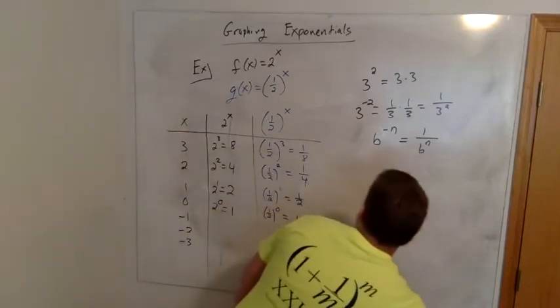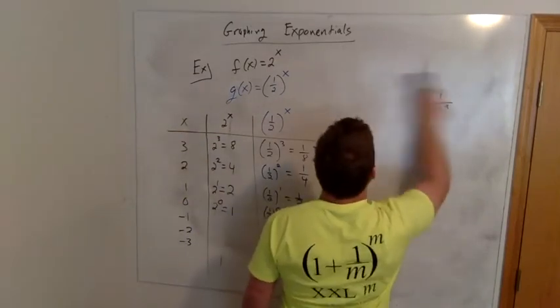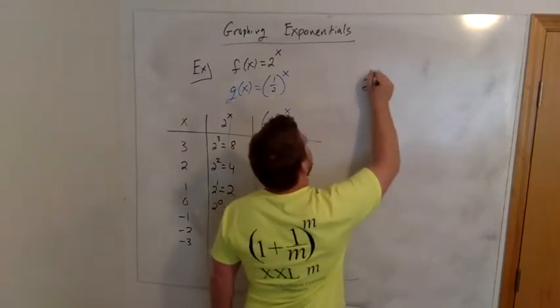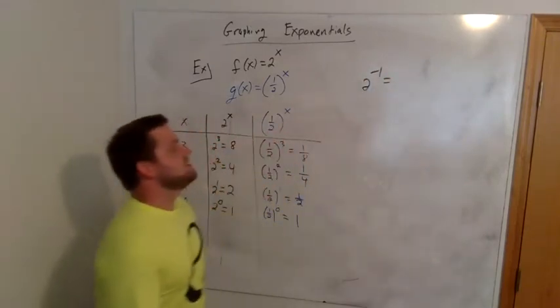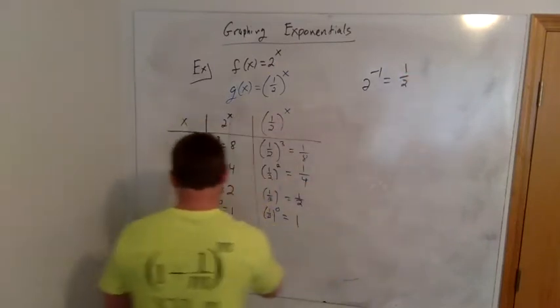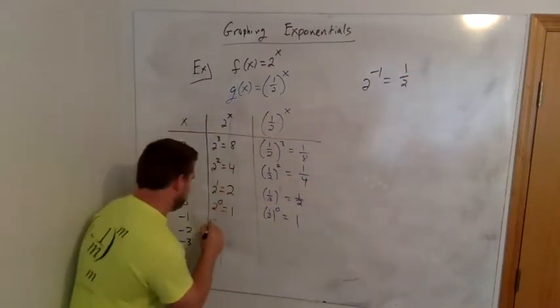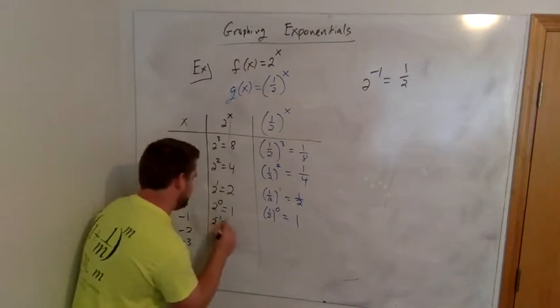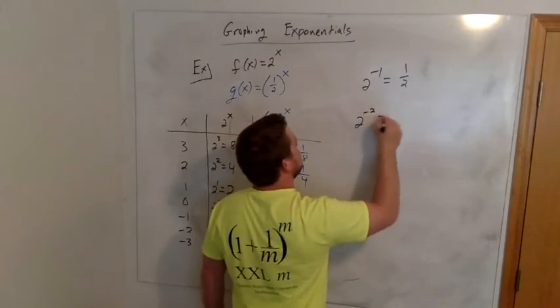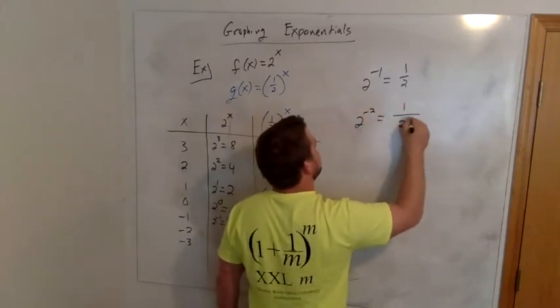Okay, so for example, if I want to know what is 2 to the -1 power, this says divide by 2 once. So this is 1/2. So 2 to the -1st power is 1/2. Similarly, 2 to the -2 power, this says divide by 2 twice.